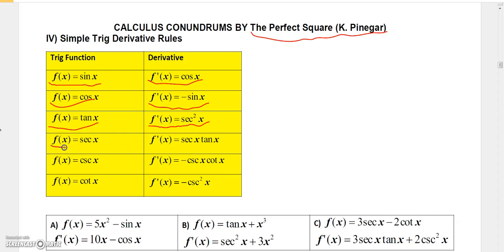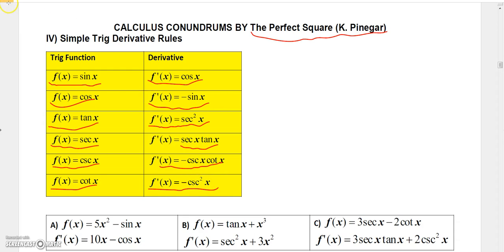The derivative of secant x is actually secant x times tangent x. The derivative of cosecant x is minus cosecant x times cotangent x. And then the derivative of cotangent x is actually minus cosecant squared x.